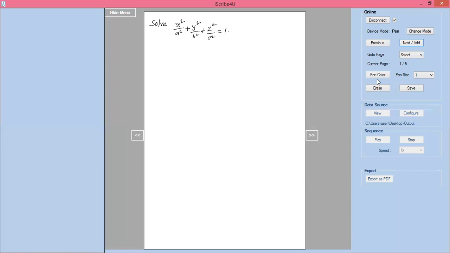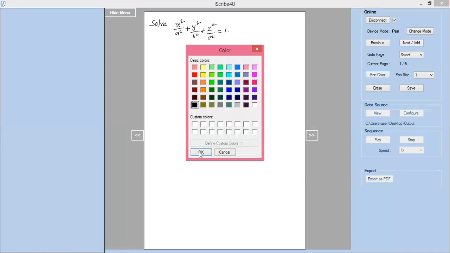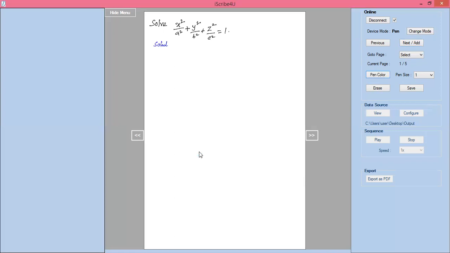Right, so this is the given thing. Solution: x square by a square plus y square by b square plus z square by c square equal to 1, which is equation number 1.